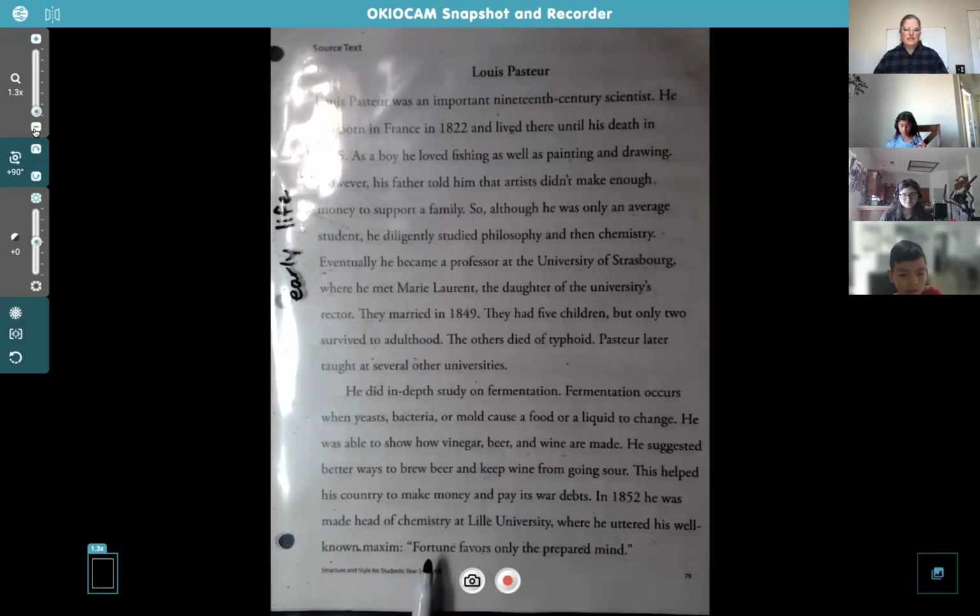We know fortune means wealth, money. Favors means when you receive it, like it's a good thing, like you're lucky, right? It favors only the prepared mind, meaning people who study and prepare and learn about things. If you're lazy, you probably won't have fortune because you're not doing anything, right? So that was his saying.